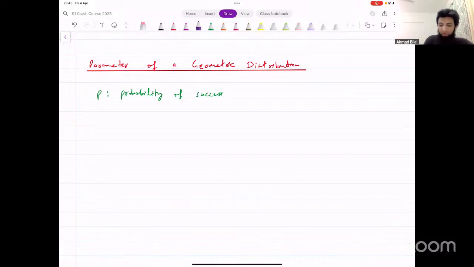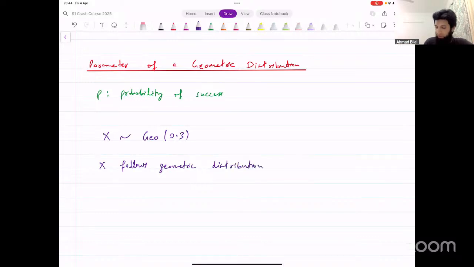Right? That's the parameter that we have for a geometric distribution. There's only one parameter, and some notation that is used sometimes. If they write something like this, x, and then this sign tilde, and then GEO, and then in bracket, if they have written 0.3, what that means is x follows geometric distribution with p equal to 0.3.